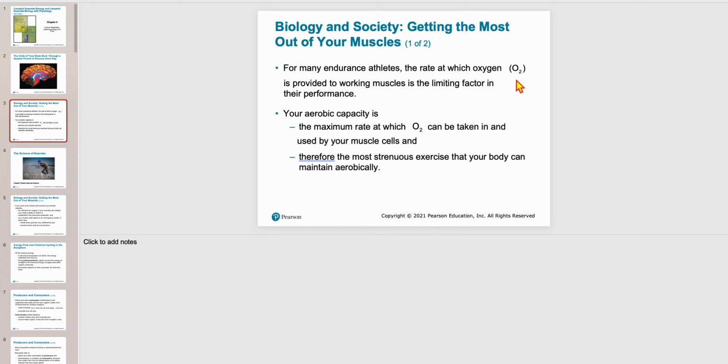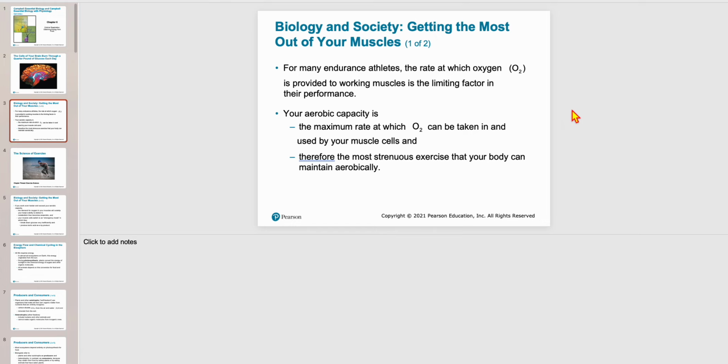So again, you see oxygen present on this slide. Whenever you say oxygen is utilized, we use this term called aerobic. So by definition, aerobic means that we're utilizing oxygen.